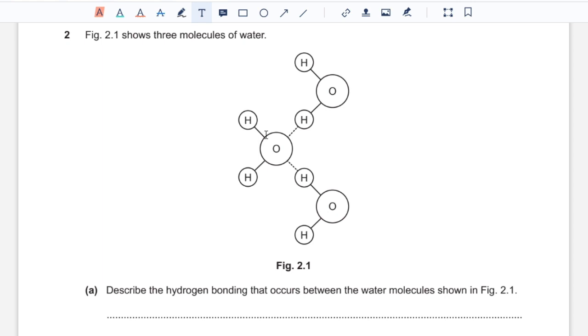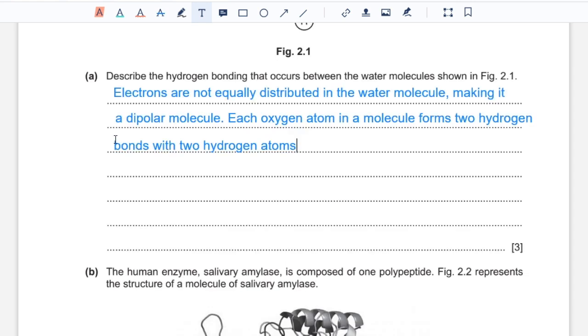So the negative attracts the positive, and this results in formation of the hydrogen bond. And each oxygen atom of a water molecule forms 2 hydrogen bonds with hydrogen atoms of another water molecule. So those 2 you can see in Figure 2.1.